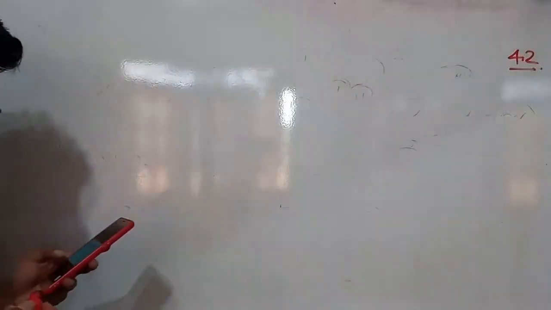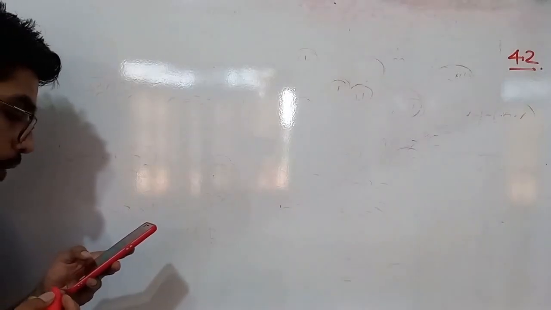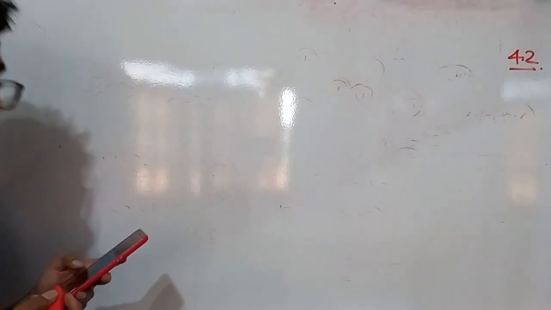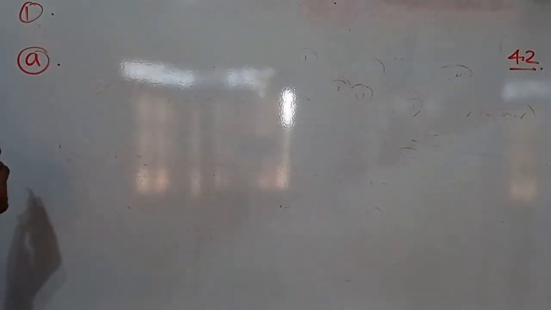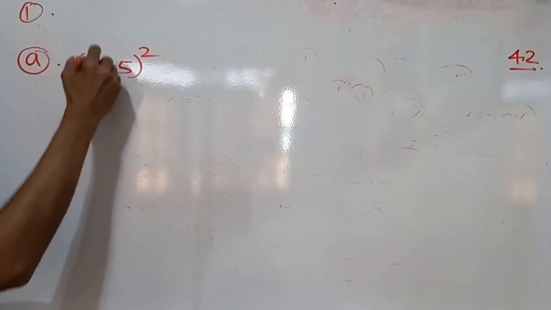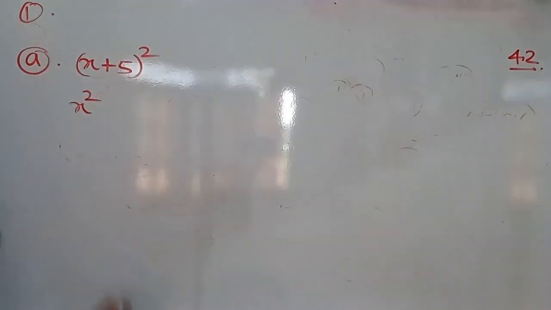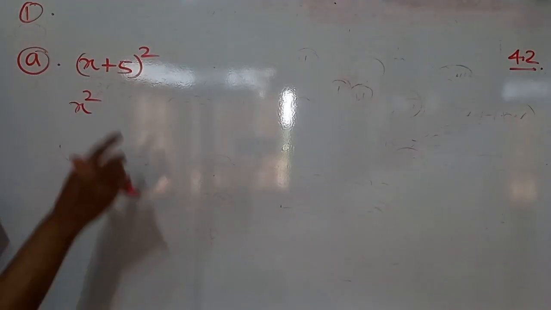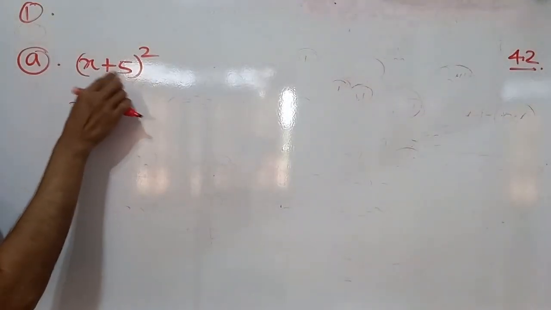Rupees. For each expression in column A, which is a square of binomial expression, select and join the corresponding expansion from column B. So A. So what do we have? First we have to square the first term. So that becomes x squared, right? Then we have to multiply these two.